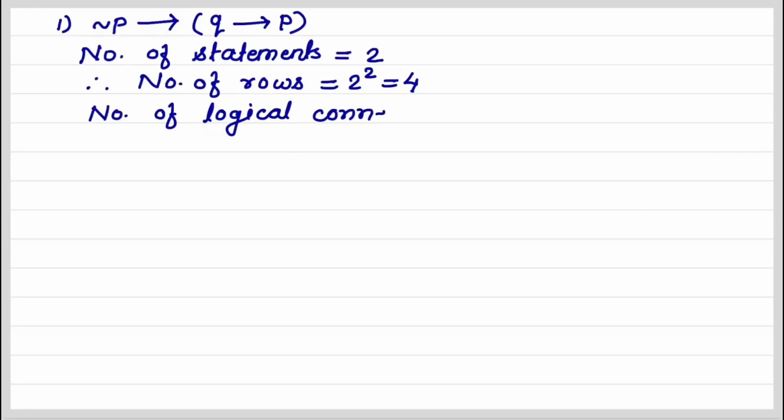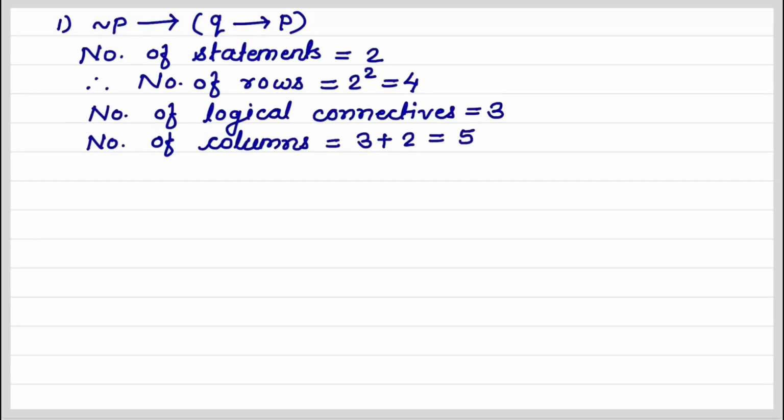Now we have to find number of logical connectives. See, how many logical connectives? 1, 2, 3. 3 logical connectives are there. Therefore, number of columns is equal to 3 plus 2 is equal to 5. That is number of statements plus number of logical connectives.